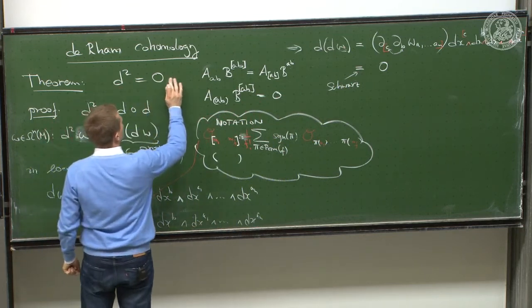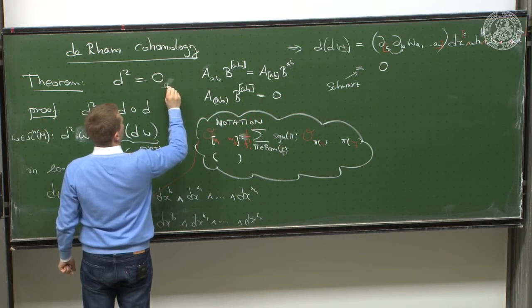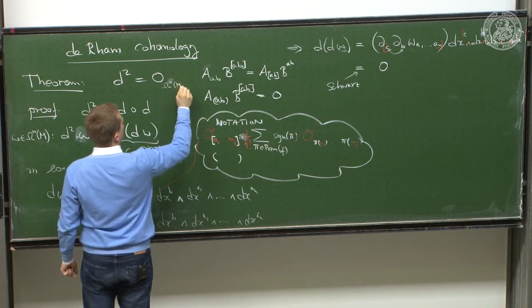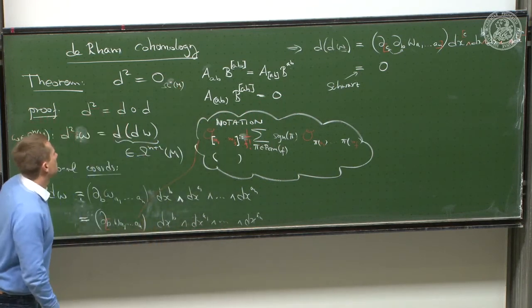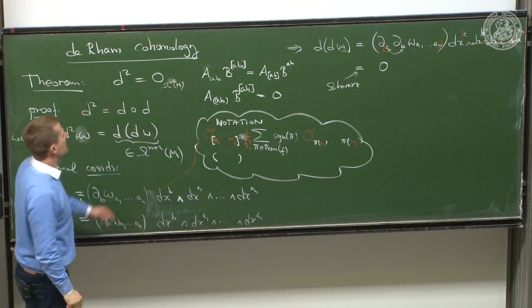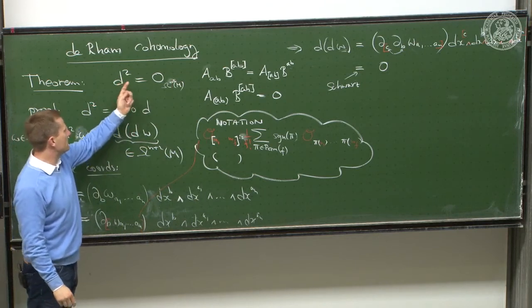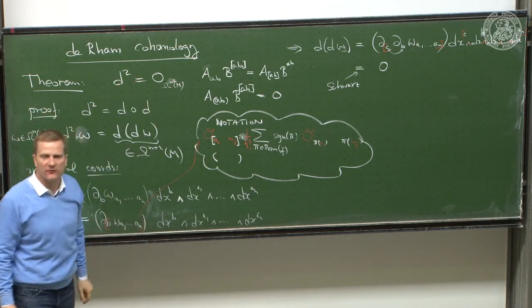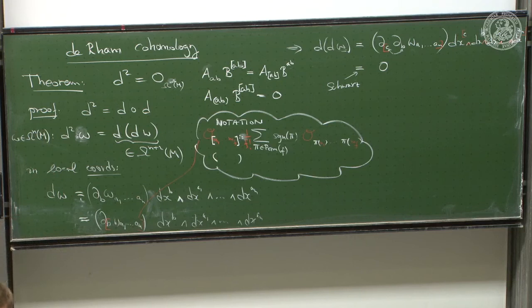So this 0 is the 0 on the n plus 2 form space, if the d originally here acted on an n form, right? So d squared is 0, and that's an essential thing.